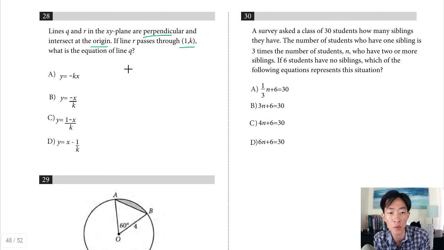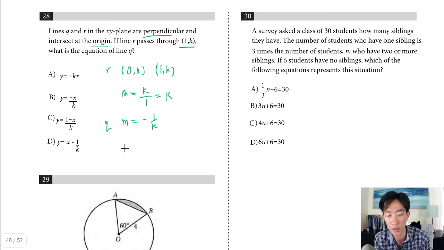So line R, we know passes through the origin and point 1 comma k. Let's get the slope. Change in y over change in x is going to be k minus 0 divided by 1 minus 0. So the slope is simply k. Now that's line R. So that means line Q, the slope is going to be negative 1 over k.